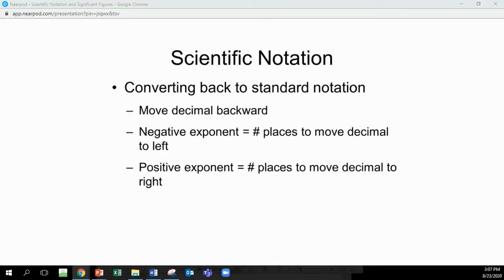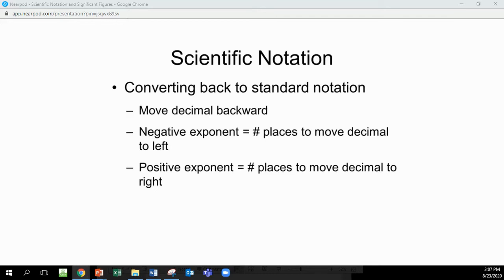Okay, now we're going to go in the other direction. So what if you have something already in scientific notation and you want to convert it back to what's called standard notation, the big number? All you're going to do is work in reverse. You're going to move the decimal back to where it originally was, and your exponent will tell you which way to move. If your exponent is negative, you're going to move the decimal to the left. In other words, you're going to make your number smaller than 1.